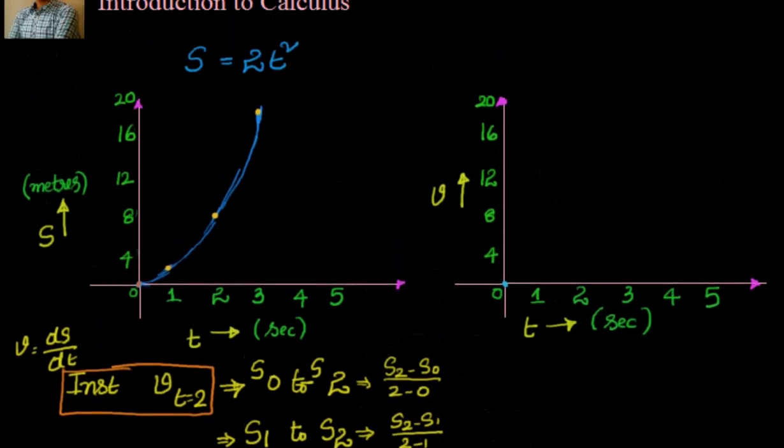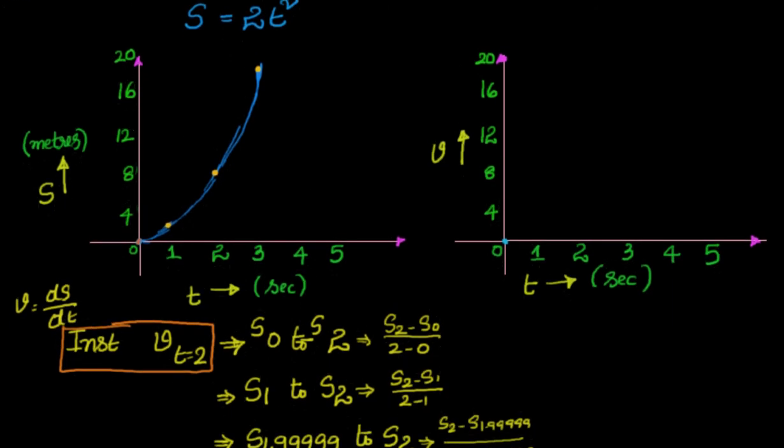So what we are trying to say here is, if we want to calculate the instantaneous velocity at a time t equal to 2, let us take a time period which is almost equal to 2 but a little bit either greater than 2 or less than 2.